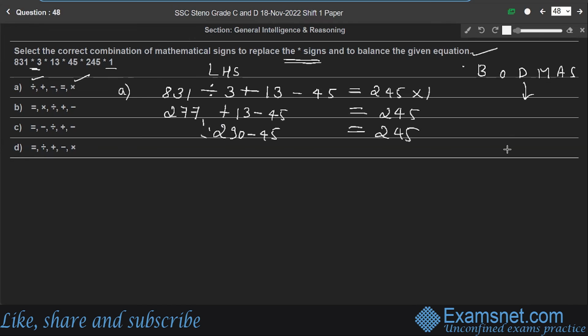Therefore, in place of the given asterisk, if you replace the mathematical signs according to option A in the order of option A, the equation will get balanced. Hence, option A is the right answer.